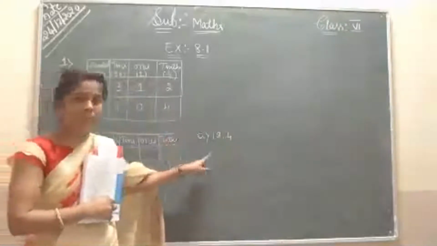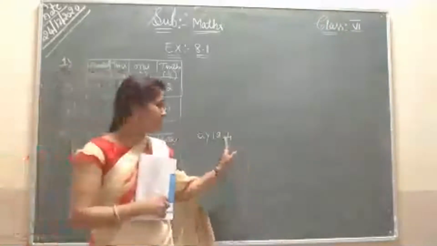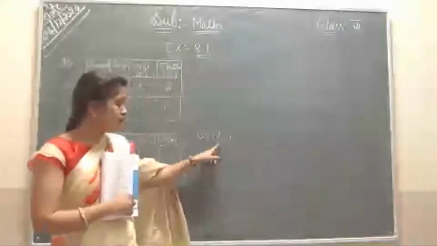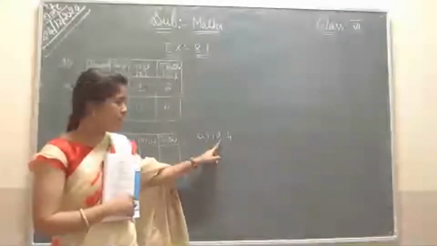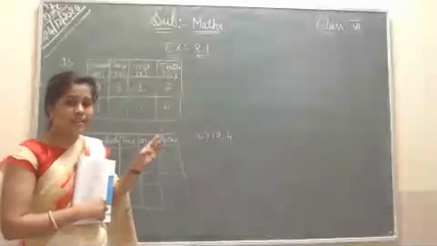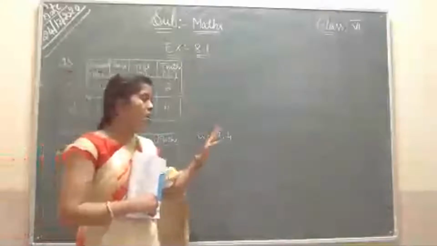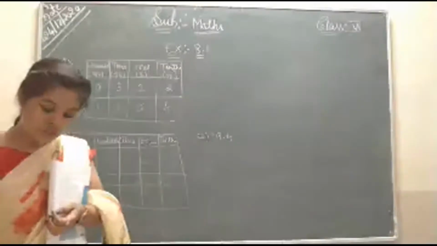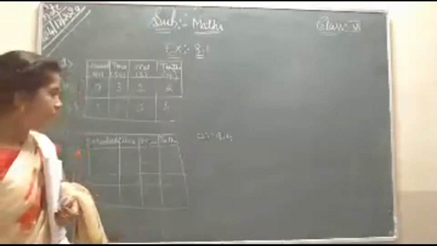Means 1 by 10, 1 by 100, 1 by 1000 in decimals. Before the decimal: ones, tens, hundreds. So the left side is all ones, tens, hundreds, thousands, 10,000 like this. After the decimal, tenths 1 by 10, hundredths 1 by 100, thousandths 1 by 1000 like this we have to write.